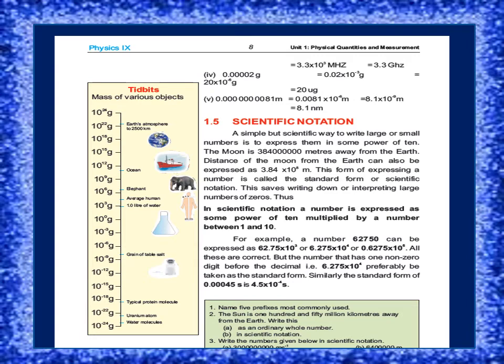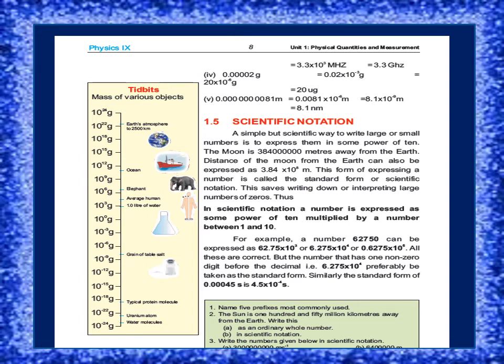So the first part is clear, that a number is expressed as some power of 10. Now let's discuss the second part, that 10 is multiplied by a number between 1 and 10. When we convert it into standard form, we observe that the power of 10 is multiplied by a number which lies between 1 and 10.